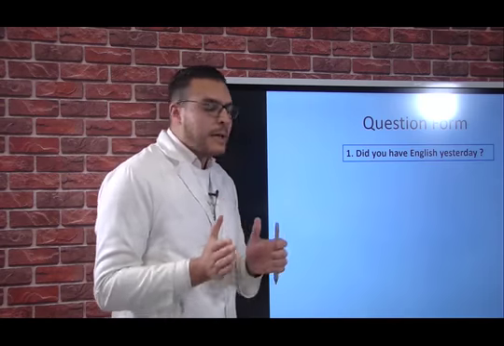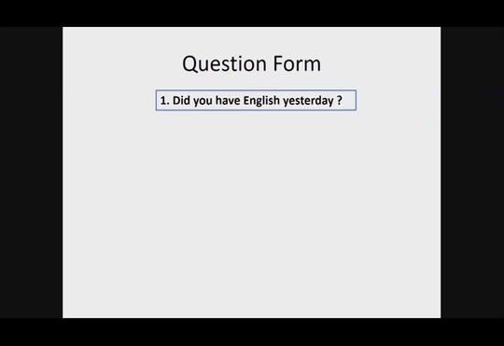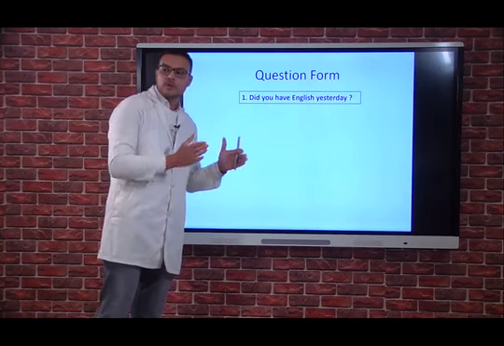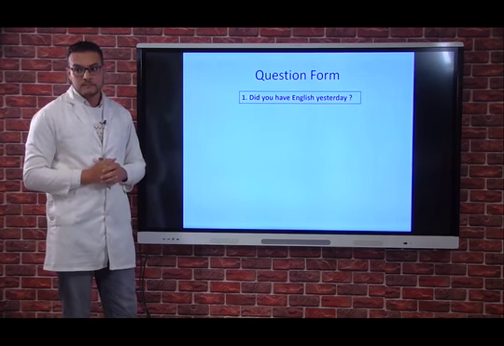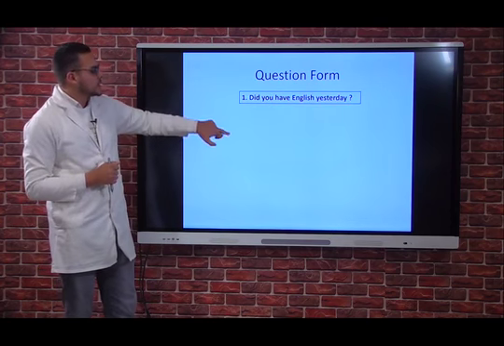Now, in order to make the question form, we have done with the positive. Okay, so let's see how we make the question form. Let's study this example. Did you have an English lesson, or English class yesterday? So how do we make the past form?